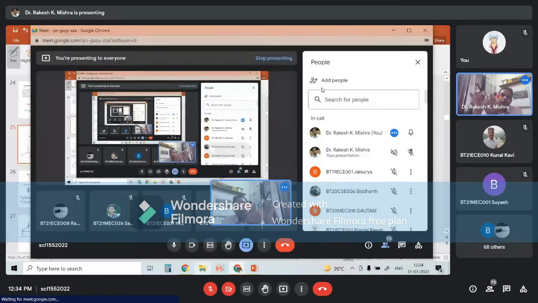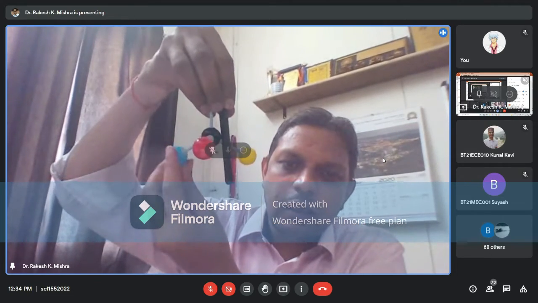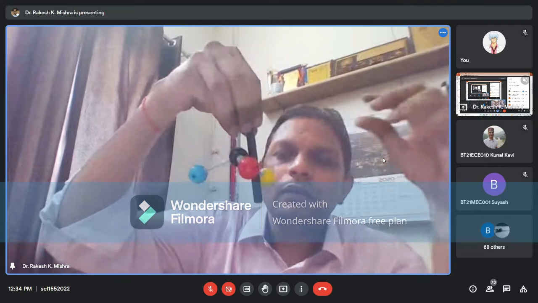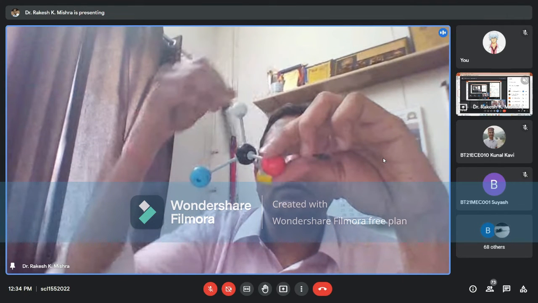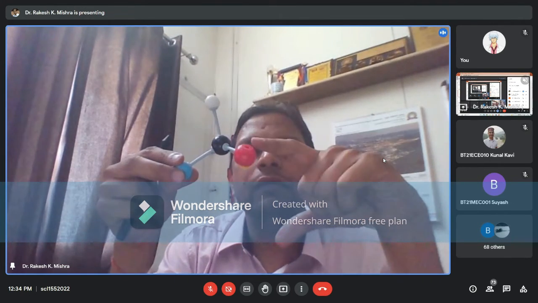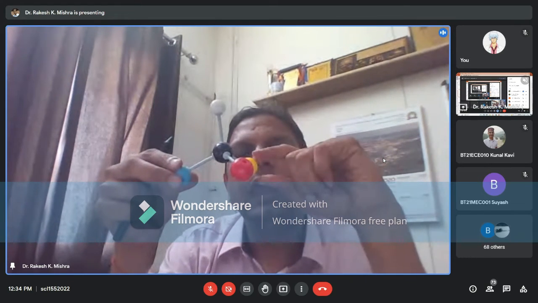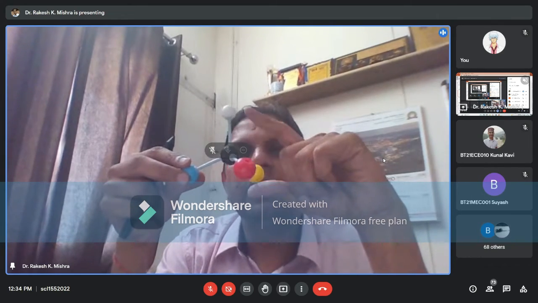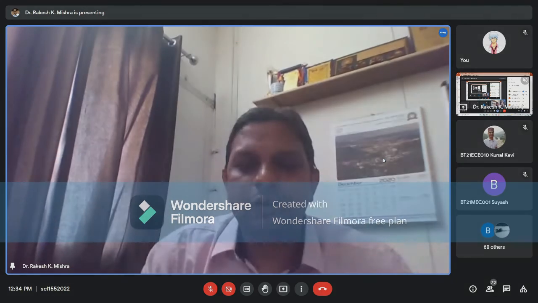So this red one you will represent with the solid bond because it is towards you, and this yellow is on the back side of the plane, that you have to represent by the broken bond.